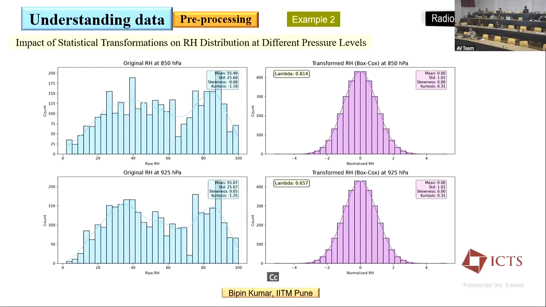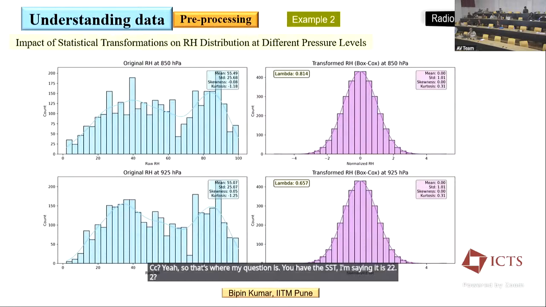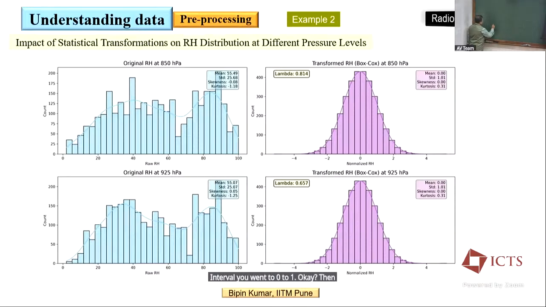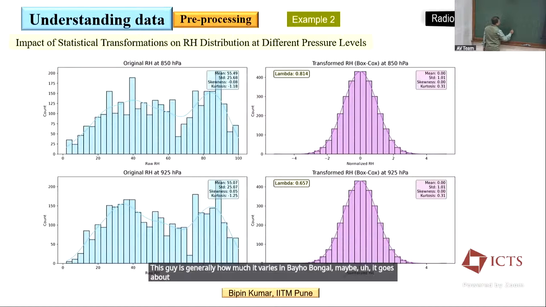That's where my question is. You have the SST, say 22 to 31 in the Bay of Bengal. This interval you convert to 0 to 1. Then you have the MLD or some other turbulence variable, which generally varies, suppose, from 0 to 60 meter, in meters.